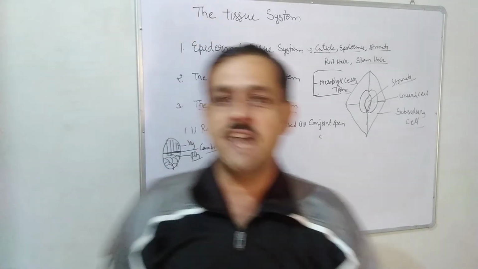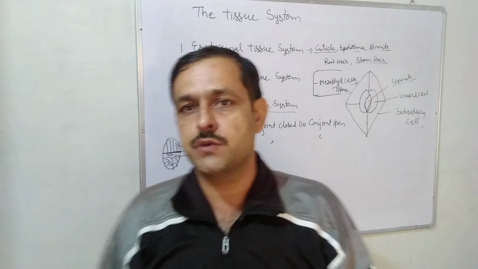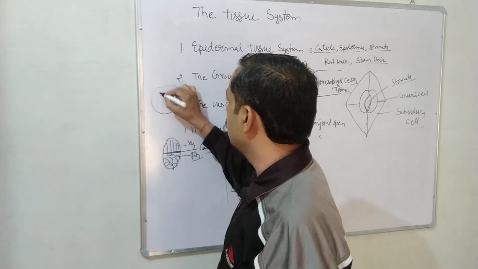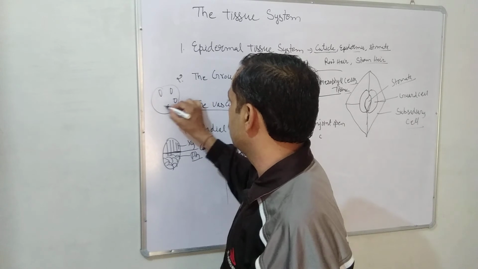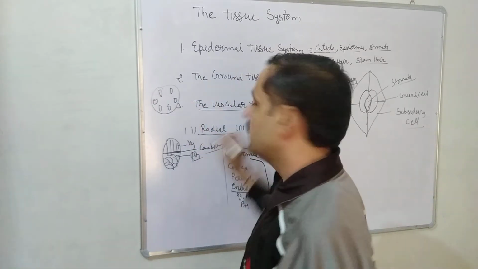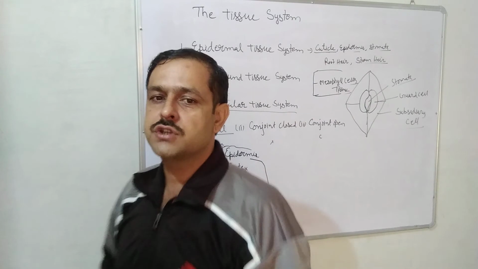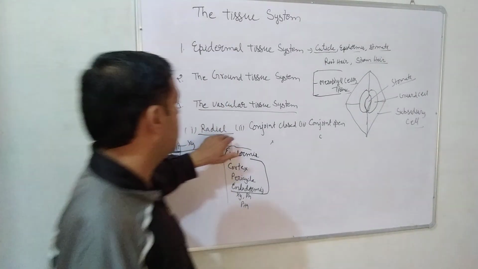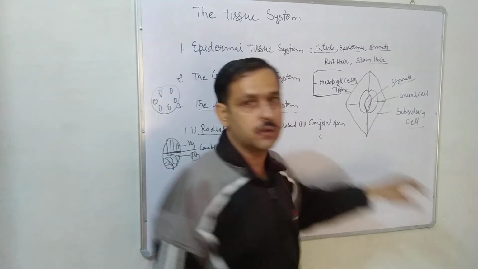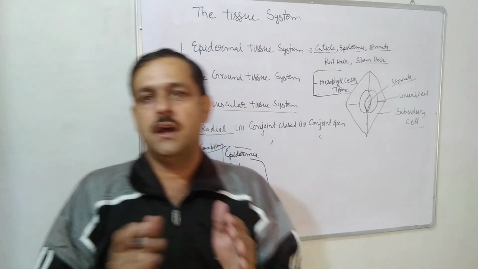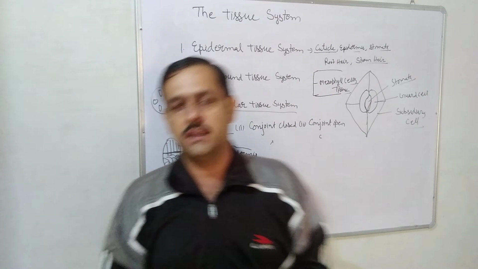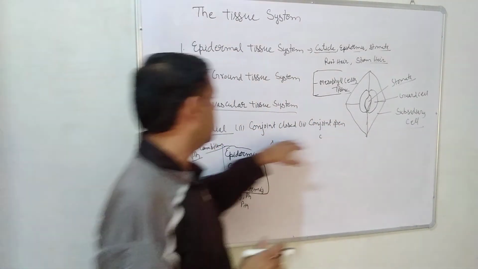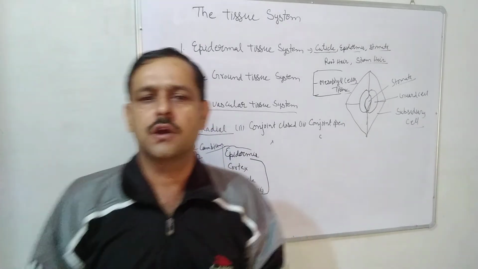And whenever the xylem and phloem are situated on different radii, like in root, xylem, phloem, xylem, phloem, then it is called a radial vascular system. Vascular bundles are of three types: radial, conjoint closed, and conjoint open. Conjoint means xylem and phloem are attached together with the help of cambium. If the cambium is present, it is called open, and if cambium is absent, it is called closed.